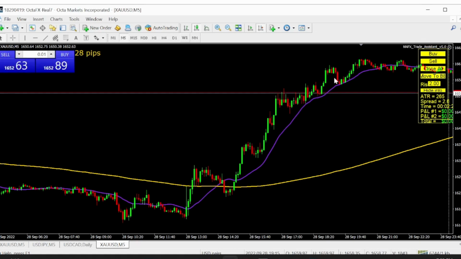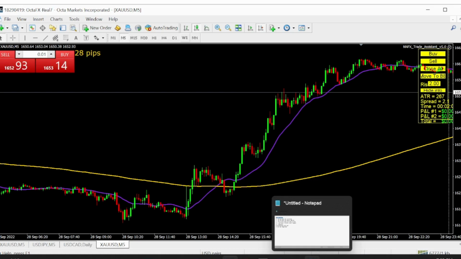This is another area, and this is another position. Okay, you see, this is far away from the 20 period moving average, and this is far away too, but this is near the 20 period moving average. Okay, so we'll keep things very simple so that it is understandable to all the beginner traders.